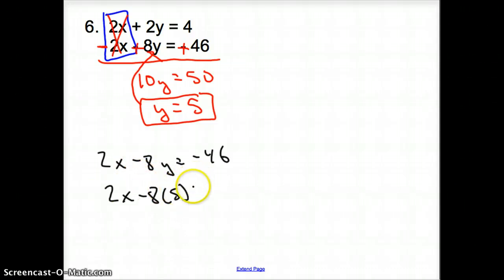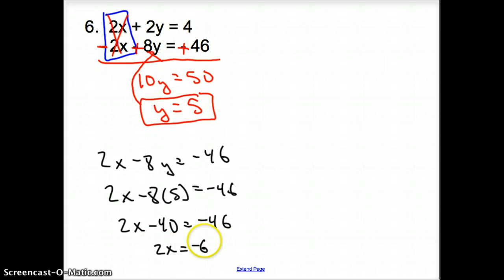I take out the y, put in a 5. So now we have 2x minus 40 equals negative 46. 2x equals negative 6 because I added the 40 over. x equals negative 3. So now my answer, written as a coordinate point, would be (negative 3, 5).